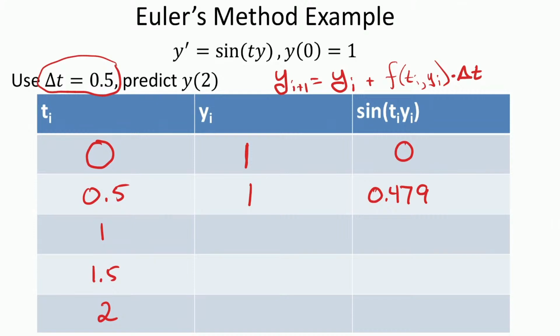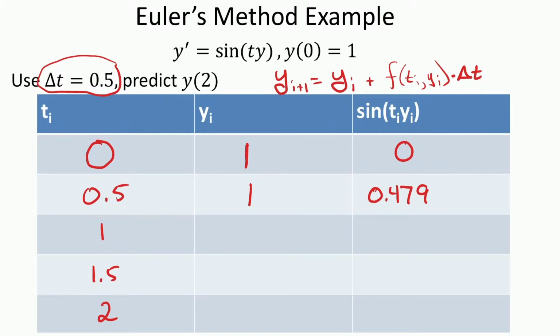Okay, so then we're going to pump this stuff into here to get the next y. So let me do this one, and then you're going to do the next one. So let's see. This is going to be the old y, which is 1, plus this slope, 0.479, times the step size, which is 0.5.